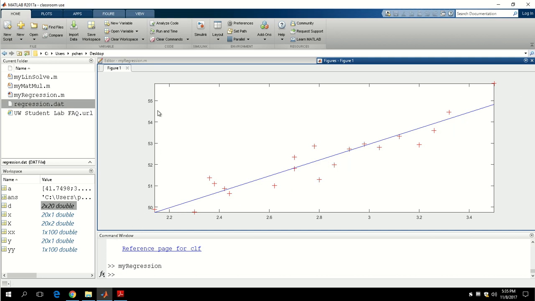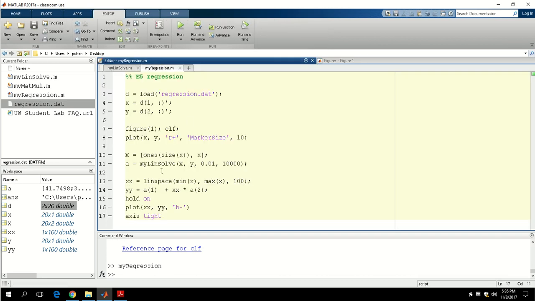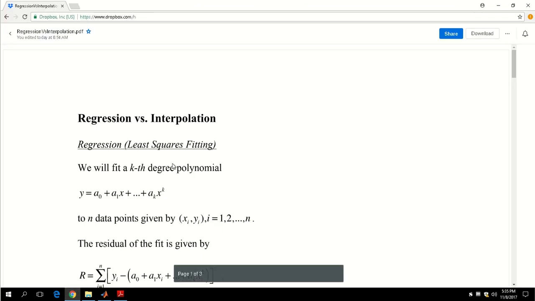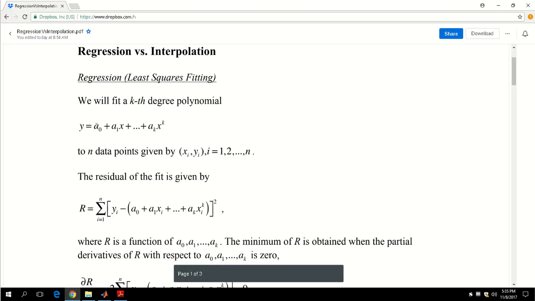The reason that it's called linear is not because we are just fitting to the first order of x. It's because this right hand side is a linear function of all the a's, right? It's not a linear function of x.